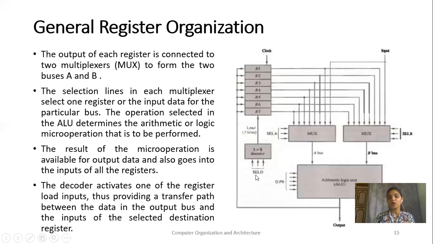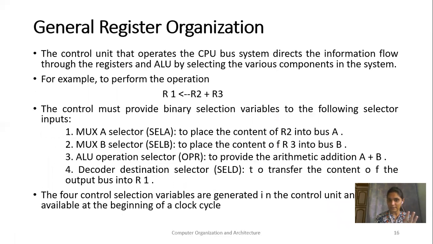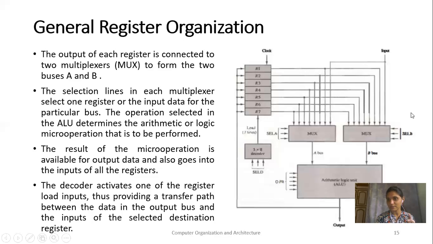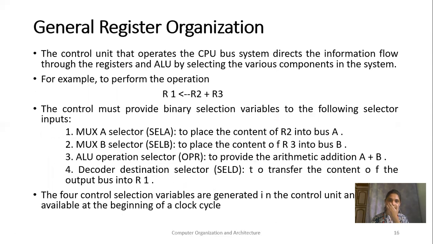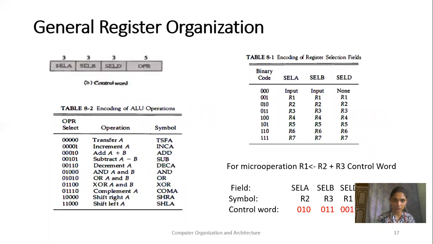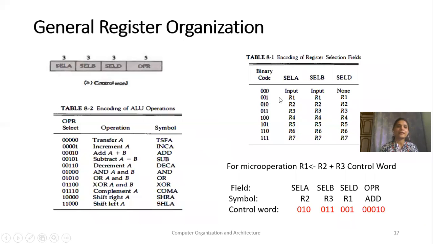We have to use select A to select the mux A input, select B to select the mux B input, the operation to decide which operation is going to be done, and select D to select where the output is going to be stored. Let me see how our control word is going to be stored. It is a 14-bit register, or you can say a 14-bit pattern, stored like this.